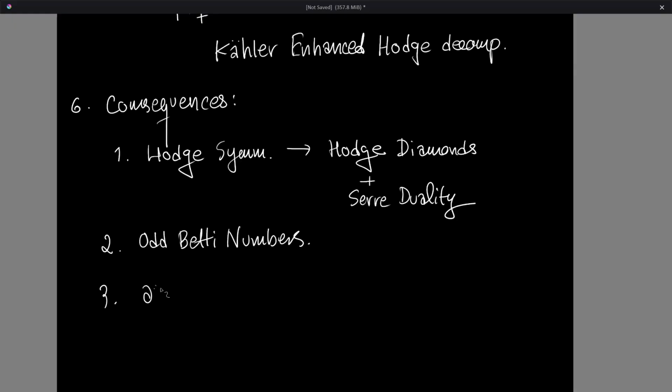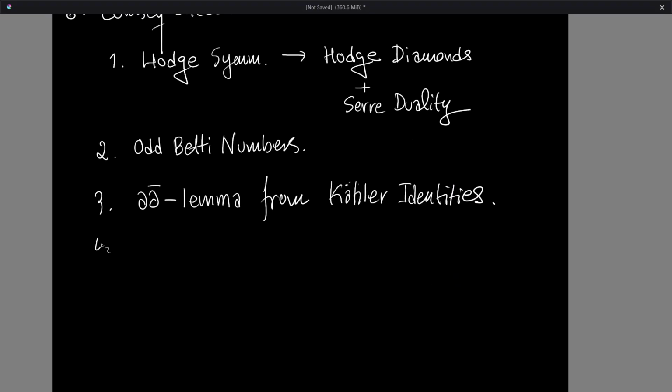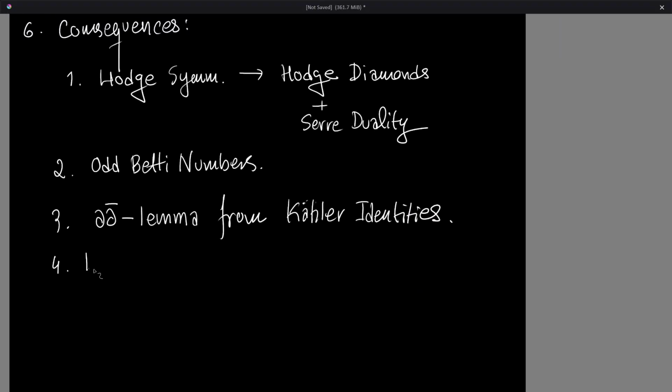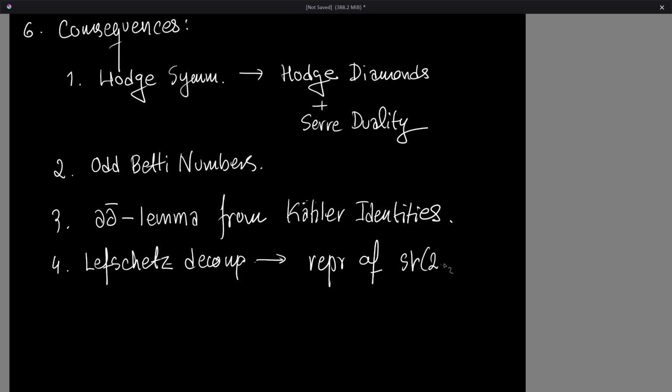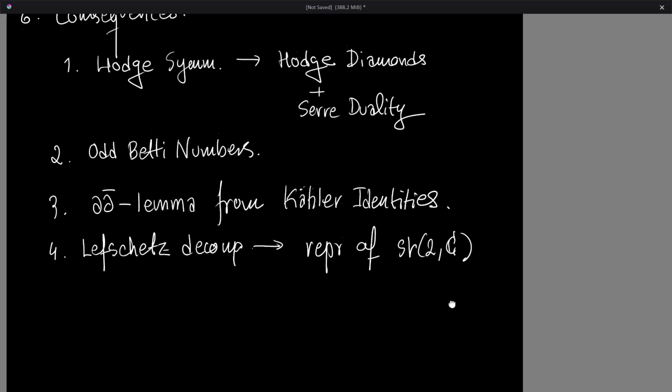Number 3, we looked at justification for the partial bar lemma from the Kähler identities. My penmanship is going down the drain now that we're close to the end. And number 4, the last one that we did was Lefschetz decomposition, and we looked at it being a representation of SL2C. I'm not going to try to mimic that font again.